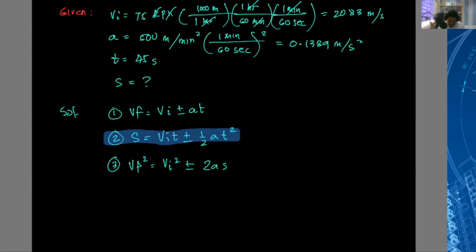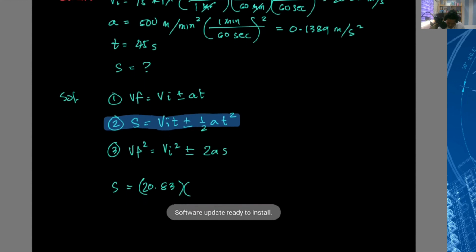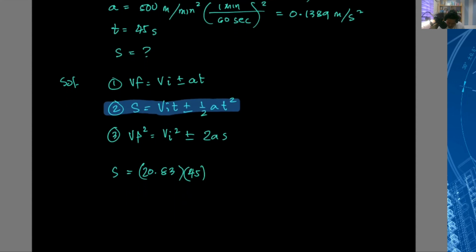Substituting, S is equal to, what is our velocity initial? That is 20.83 times time, 45 seconds. For deceleration, we will use the negative 1/2 times the deceleration, 0.1389, times time, 45 seconds squared.